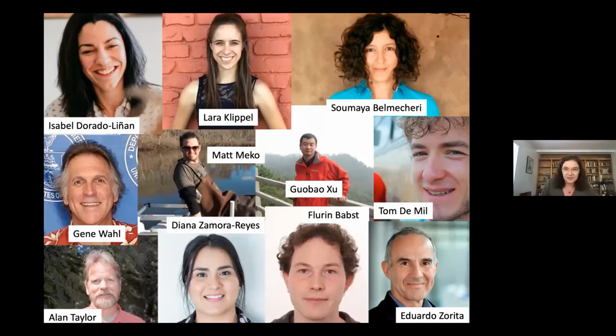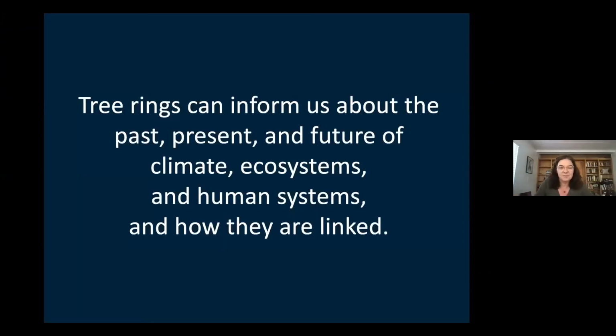Get to see all my collaborators again, and then here's, so tree-rings are going to inform us about past, present, and future of climate, but also of ecosystems and human systems and how they are linked. And really, this is what I like about being a dendrochronologist. We use one technique to study the climate, and the history of climate, and the history of forest, and the history of humans.